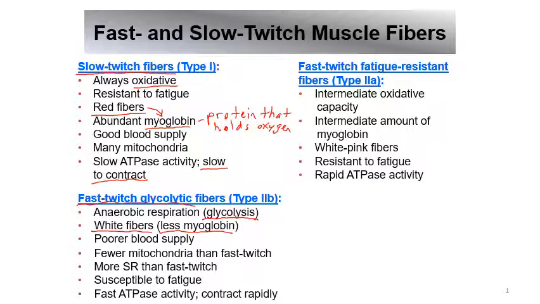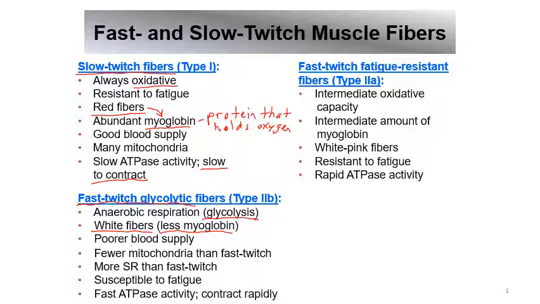So these are the whiter fibers. Because they don't need as much oxygen, they don't need a big blood supply coming in, and they have fewer mitochondria. They do actually have more sarcoplasmic reticulum. Interesting. And so these are the lighter colored ones.